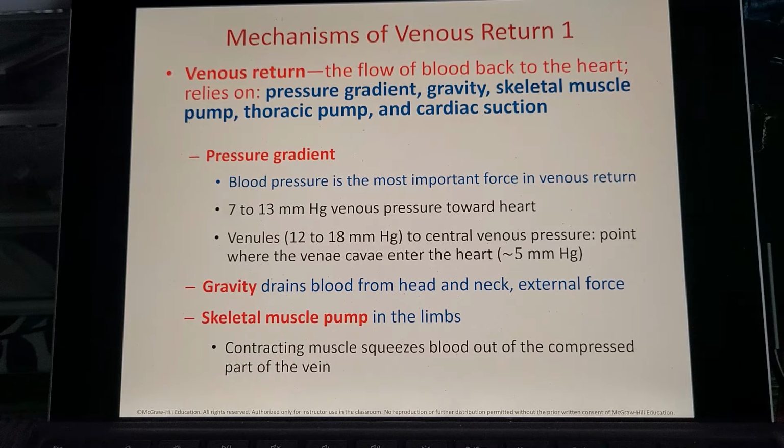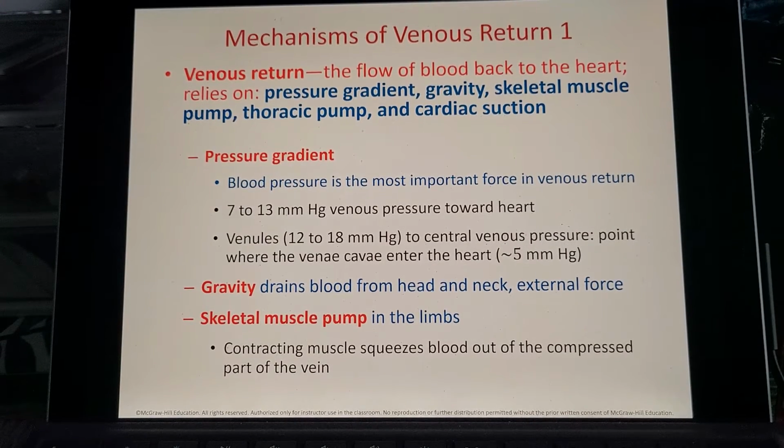So for our pressure gradient, remembering that our blood pressure is highest as it leaves the heart, and then eventually it drops off as you go back towards the heart. So your blood pressure is helping your blood move, so your blood's going to go down its pressure gradient.